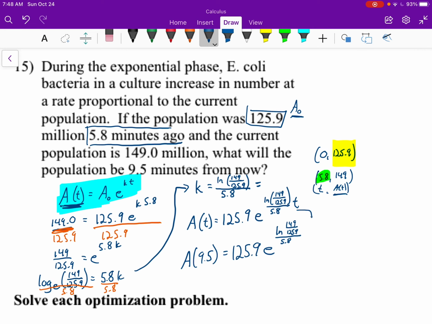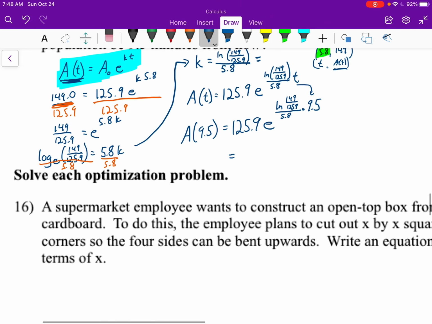And then plug in t, which is 9.5. Once you do that, you will get your answer. I don't have a calculator with me right now, so you'll just have to find that answer. It is on the answer sheet at the end.